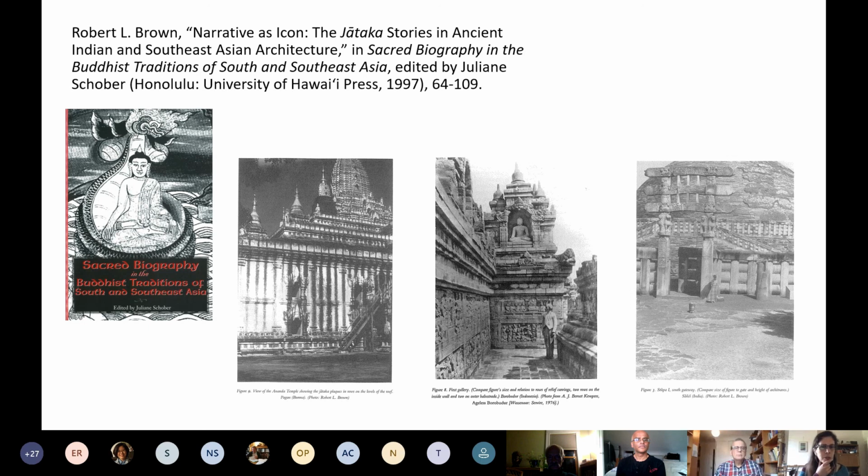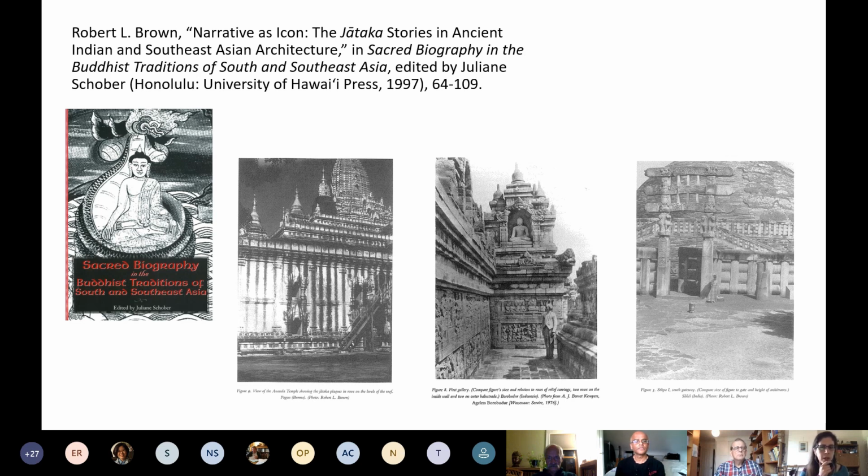So, as Robert Brown pointed out long ago in a book that really influenced my own work right from the beginning of my postgraduate time, there's a lot of Jataka images that are depicted out of sight, either very, very high overhead or even sometimes covered up. And they're also often portrayed in single, rather enigmatic scenes that seem rather unlikely to prompt recognition in a visitor.